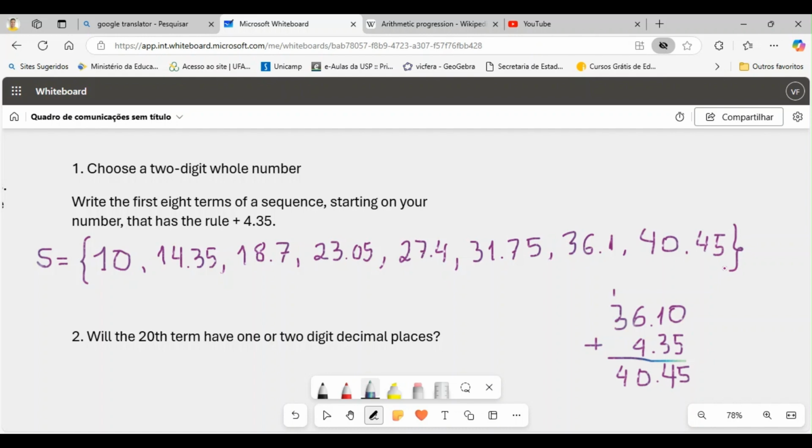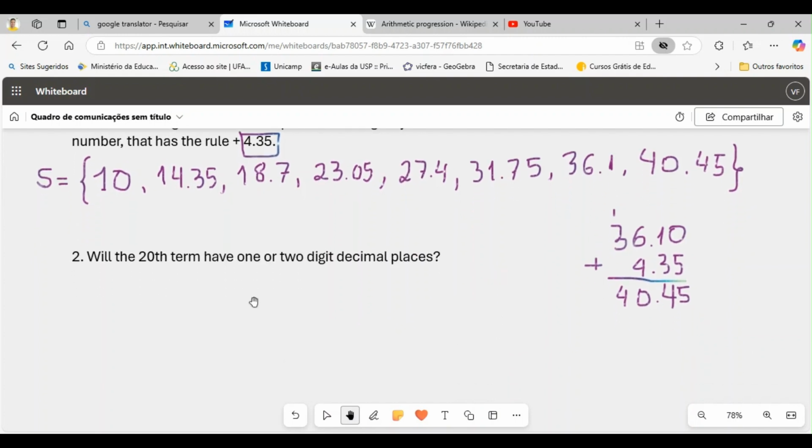So it is an arithmetic progression. We have a constant. The constant is this number, 4.35. Okay, and then we have this arithmetic progression. With the second question, we have the following: will the 20th term have one or two digit decimal places?